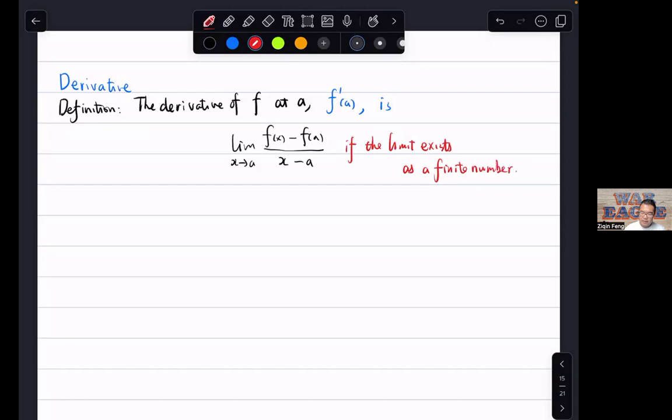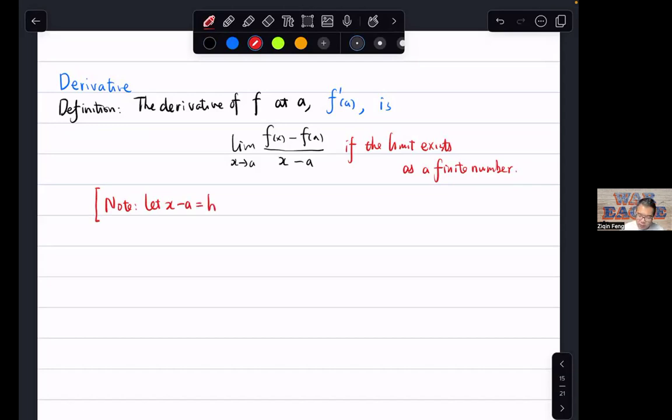And note there's another equivalent definition. We can do a substitution here, just a small note or remark, if you call that. We let x minus a equal to h.